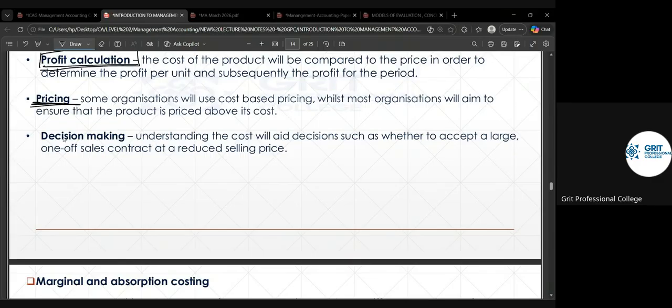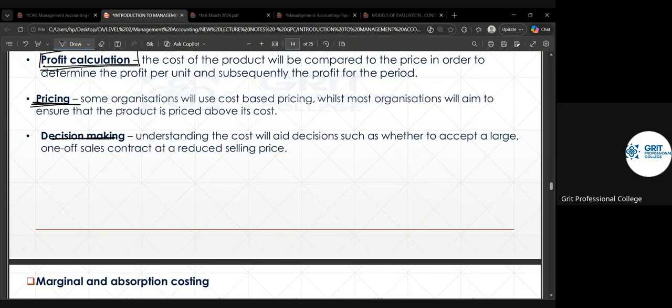And finally, it helps us to make decisions. As I was explaining earlier, if someone approaches you to do a job for them outside of your normal production, before you say yes, I can do it, or no, I will not, you need to know how much it costs you to do the job. Once you know the cost, you compare it with how much they intend to pay you.